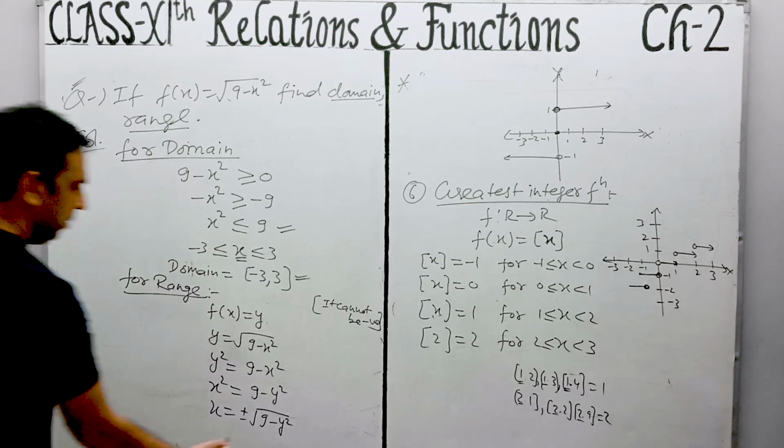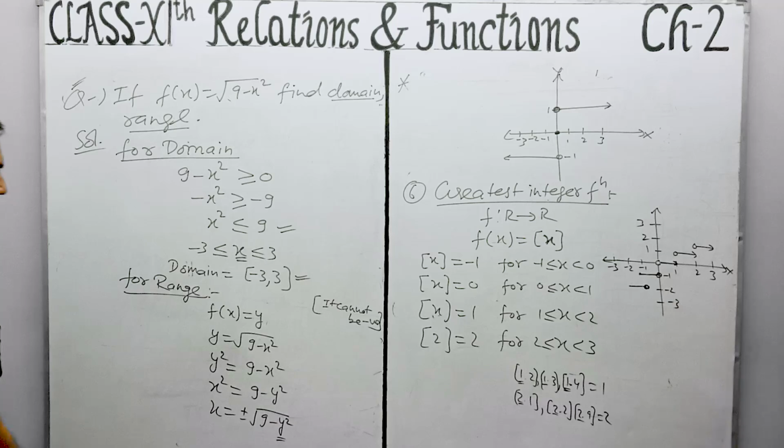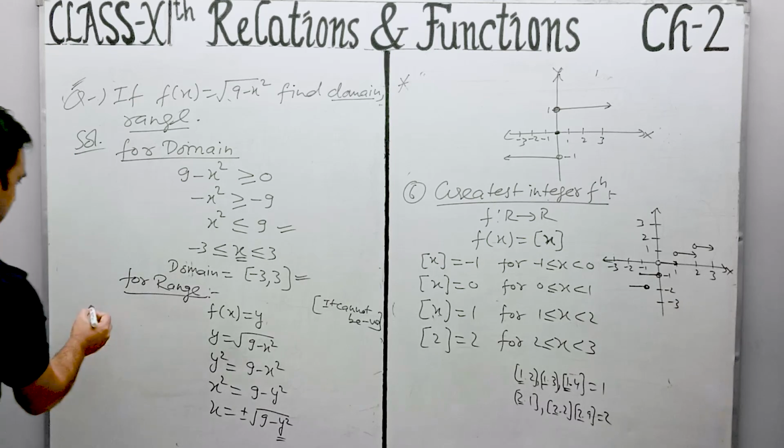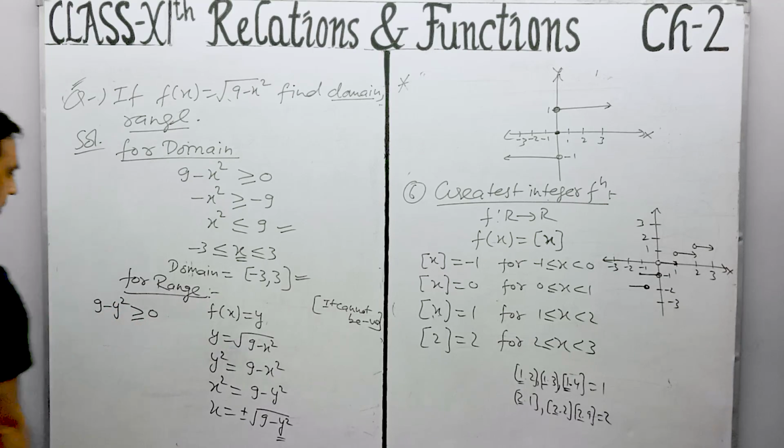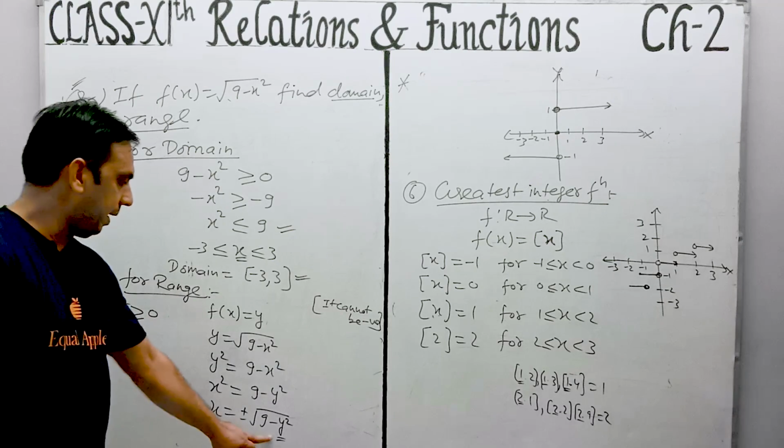So 9 minus y squared is always greater than or equal to 0, because it cannot be negative.